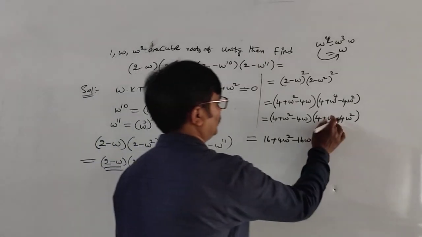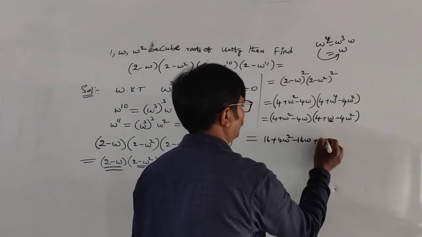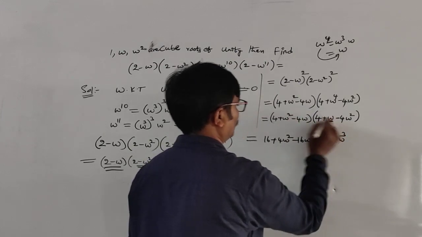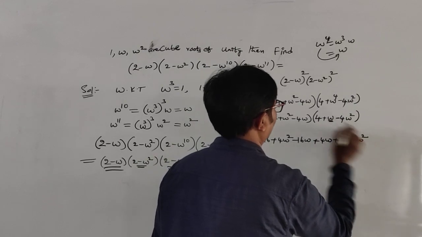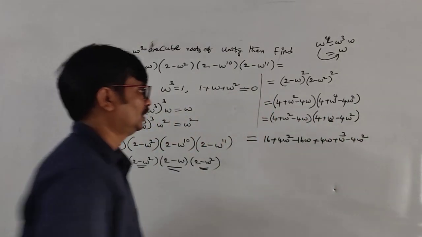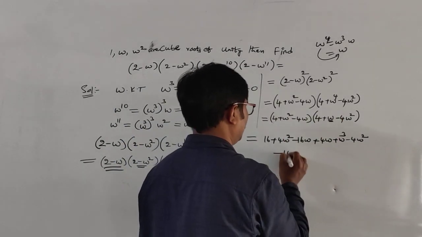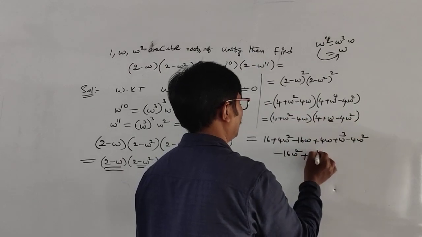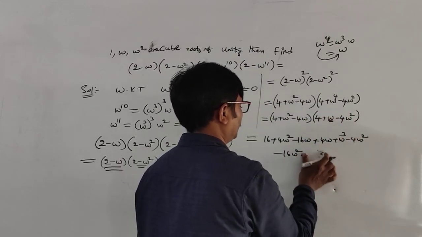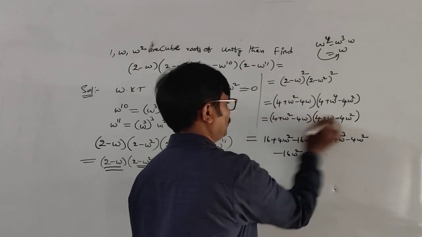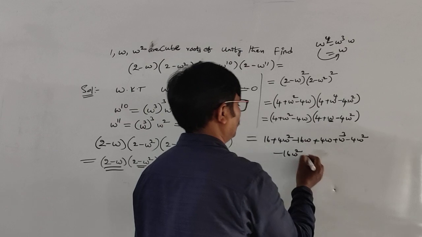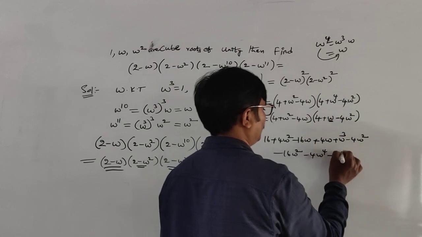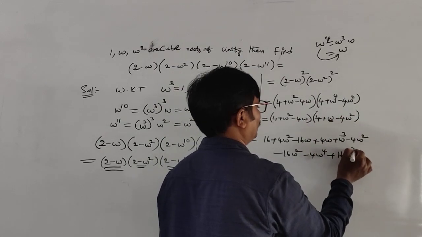After that students, multiply with omega: 4 into omega, 4 omega, omega into omega square, omega cube, minus 4 omega into omega, omega square. After that, this is minus 16 omega square, this is omega power 4, omega square into, what is it students, minus 4 into 4, 16 omega square, minus 4 omega power 4, that is plus 4 into 4, 16 omega cube.